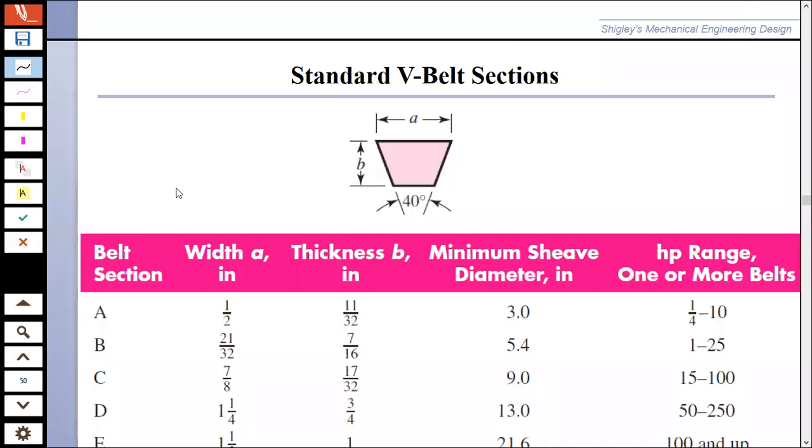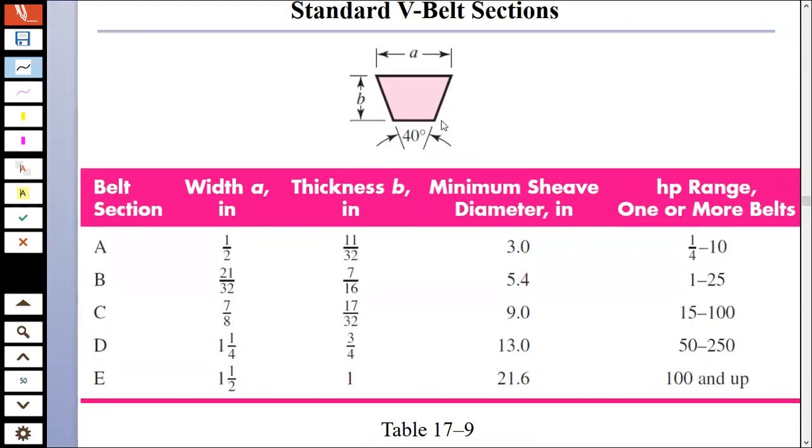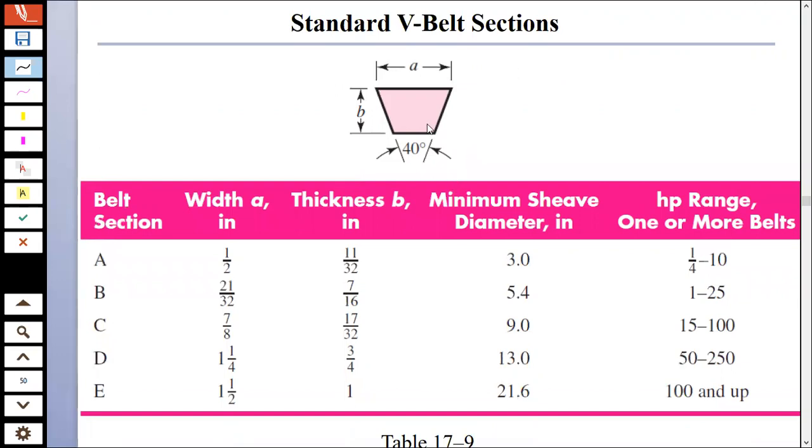So the other type of belt which we use for power transmission is a V belt. And I already told you that in a V belt there will be some angle, which you will make this V belt with.